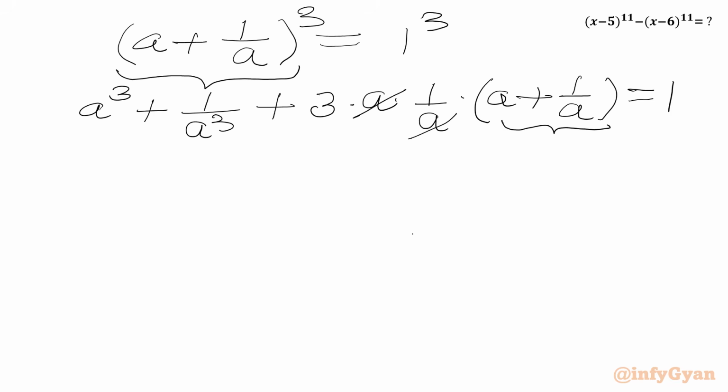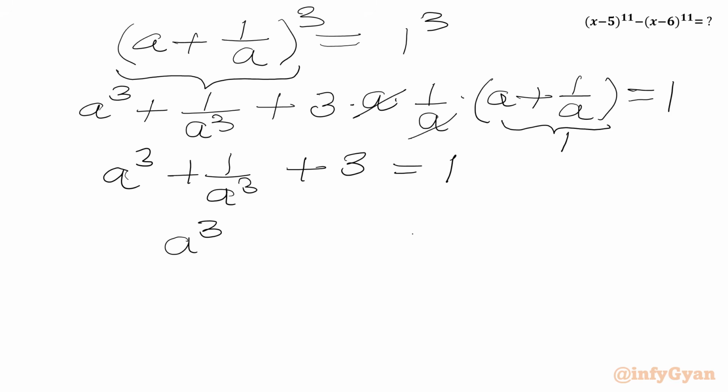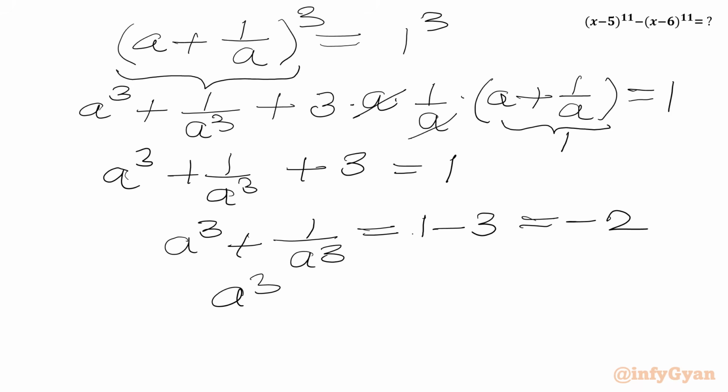A plus 1 over A is 1. So we can write here A cube plus 1 over A cube plus 3 times 1, which is 3, equal to 1. Or sum of cubes: A cube plus 1 over A cube equal to 1 minus 3, which will be equal to minus 2.